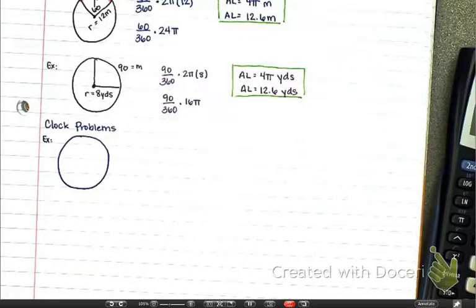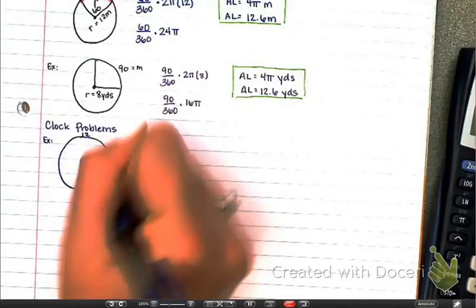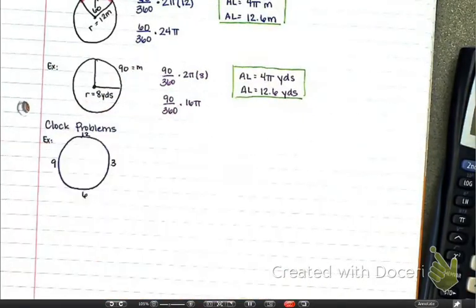So we know there are 4 main spots that split the clock into quarters: 12, 3, 6, and 9. Do you agree with that? Okay. We're going to deal with the minute hand. Which hand is the minute hand? The long one.